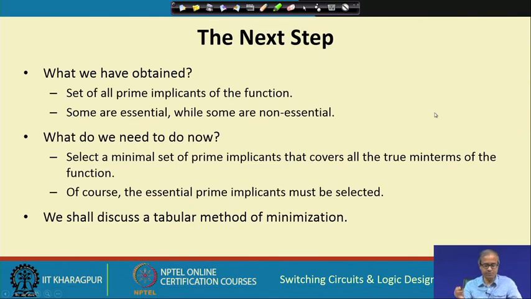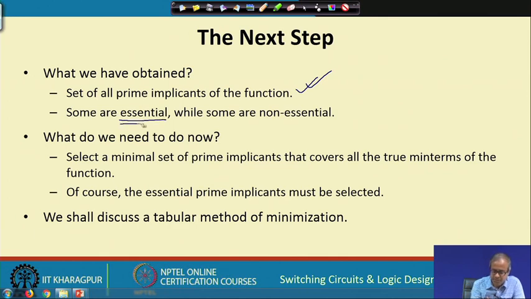So, the next step we shall be discussing in our next lecture. Once you have obtained the prime implicants of the function, we know earlier that among the prime implicants some of them may be essential, while some may not be essential. So, now our task is to select the minimal set of prime implicants that covers all the true min terms of the function.